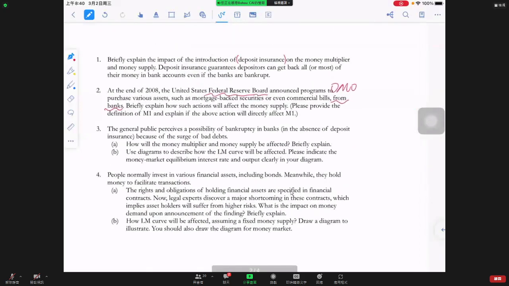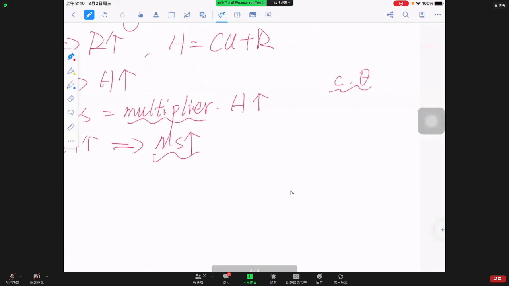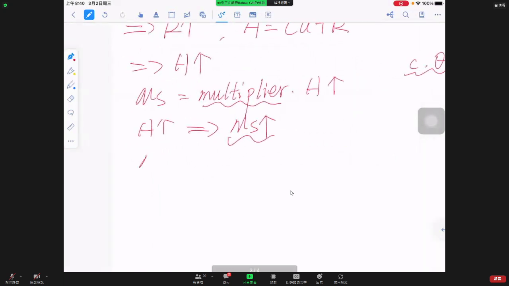And further, this question asks you to provide a definition of M1 and explain if the above action will directly affect M1. So first, what's M1? We said just now M1 is CU plus D, right?